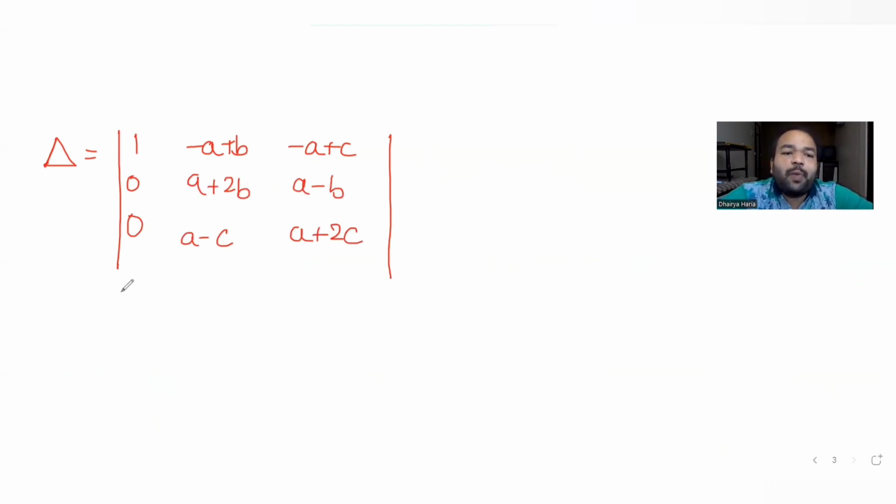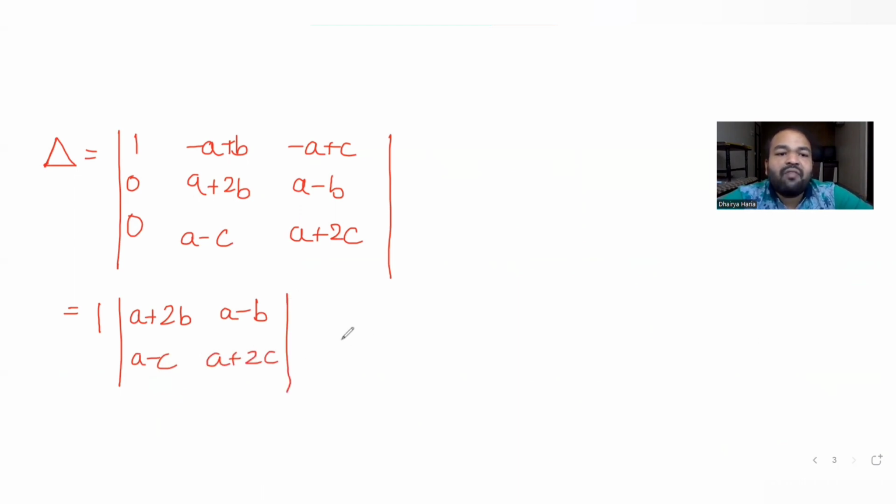So if I want to expand it, I can write this as 1 times the determinant of this entire thing, that is a plus 2b, a minus b, a minus c, a plus 2c. After that, it becomes minus of minus a plus b into the determinant.